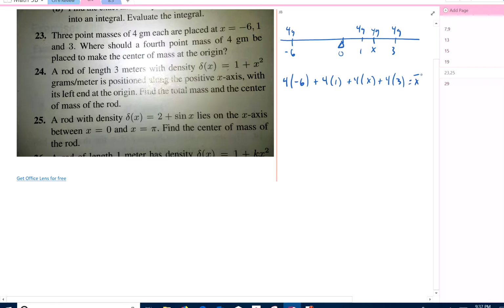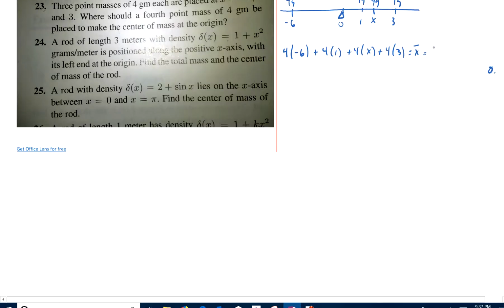Which is x bar, which is 0, because we want it to be 0. So then we'll have -24 plus 4 plus 4x plus 12 equals 0. So 4x equals, if I can do this in my head, 8. So x must be 2.